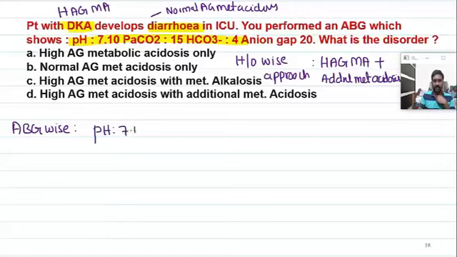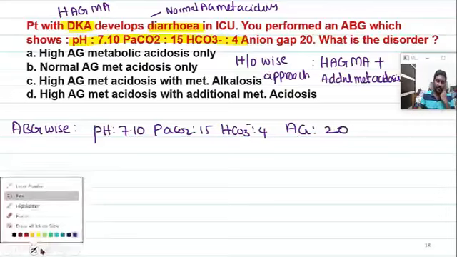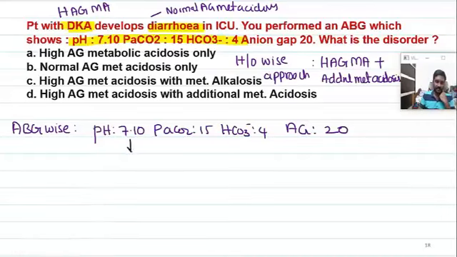So pH 7.10, PaCO2 15, bicarbonate 4, anion gap 20. Now solve the pH. It is decreased, CO2 decreased, bicarbonate decreased. Any decrease in pH is acidosis. Change in pH with respect to parameter is in the same direction.